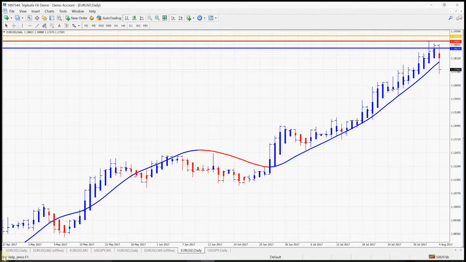When the color of HMA matches the color of Heiken Ashi, trade. When the colors are not matching, when the two colors are different, no trade. It's as simple as that. So if you remember that, you will not go wrong. So watch out for the colors.